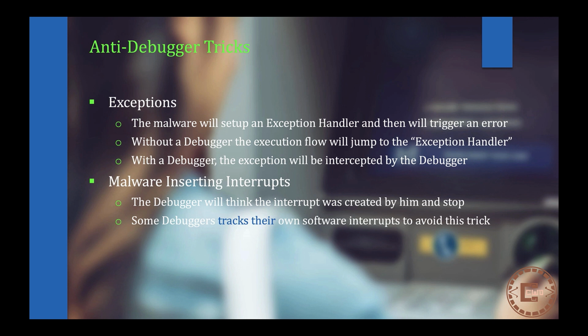Here the malware is going to insert this CC opcode, and therefore it's going to cause the debugger to trigger it. So they are basically attacking the debugger and stopping the execution of the malware, if there is a debugger. Some debuggers track their own software interrupts, so they know, hey, I didn't put that breakpoint, so they don't fall into this trick.